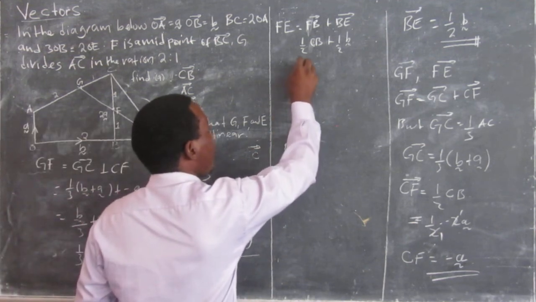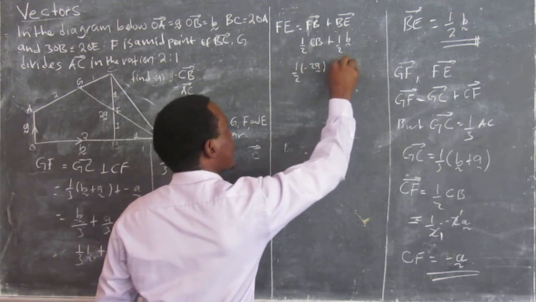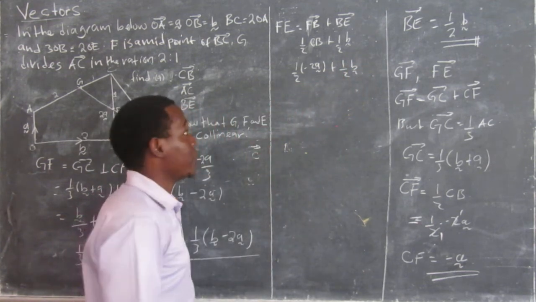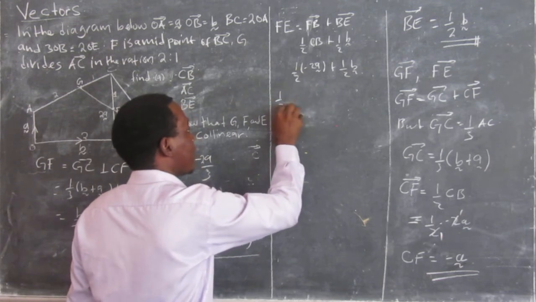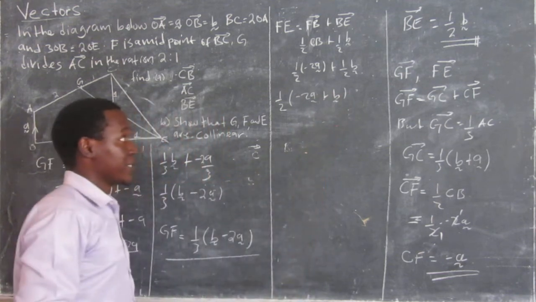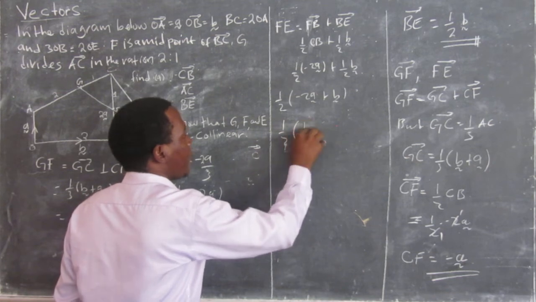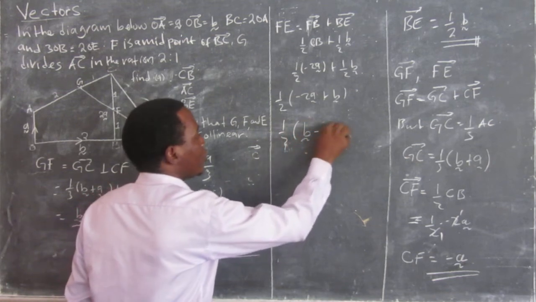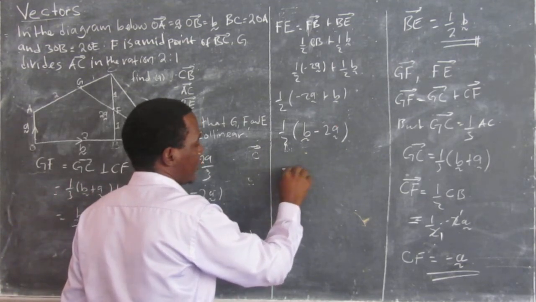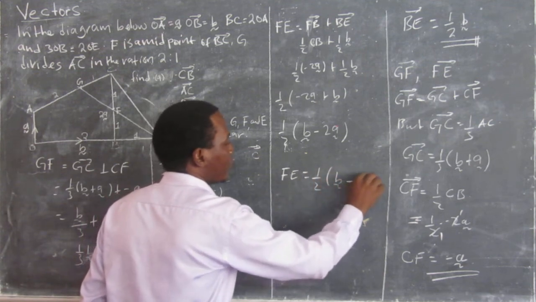So we have a half of negative 2A plus a half B. In simple terms, we shall factor out a half because it is a common factor. We shall have a half into negative 2A plus B. Now we can rearrange and we shall have a half into B minus 2A. So our FE is equal to a half into B minus 2A.